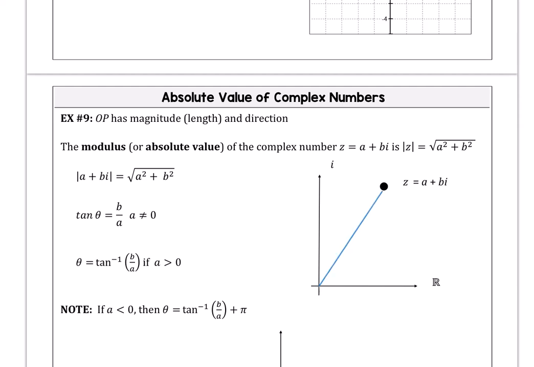We're going to drop the perpendicular back to the x-axis and form a right triangle. This is the absolute value, which is the hypotenuse. That's our B value. This is our A value. This is our theta. These are our pieces of information that we need, similar to things we've already seen.